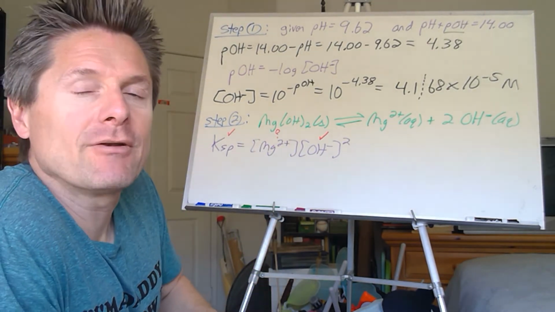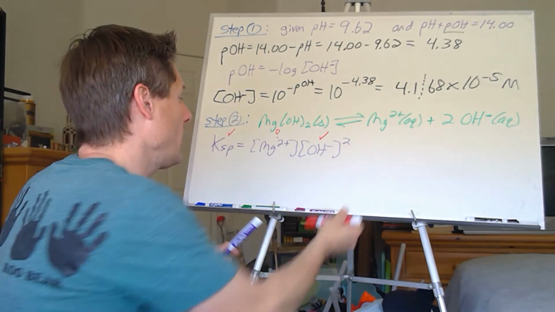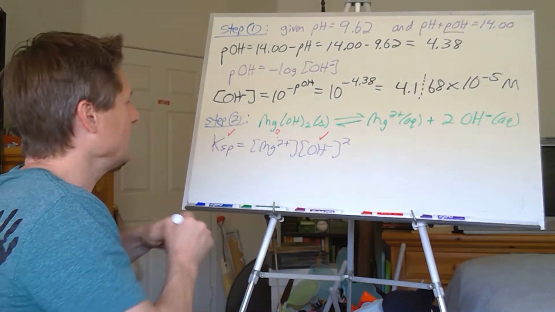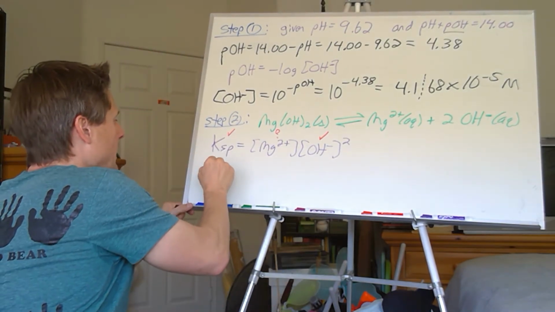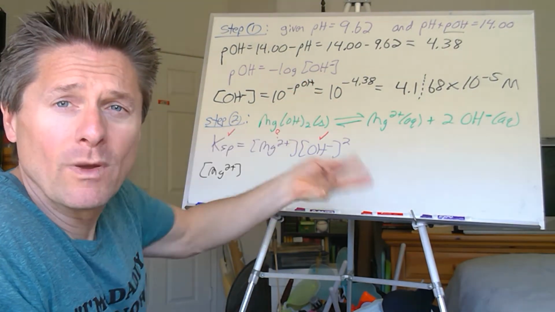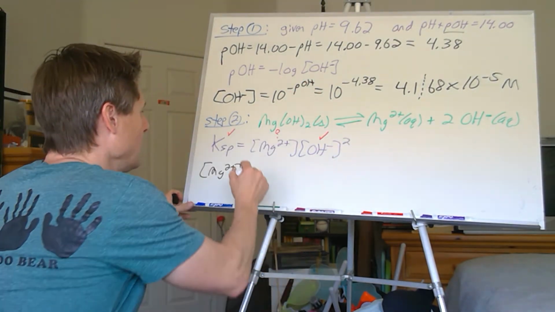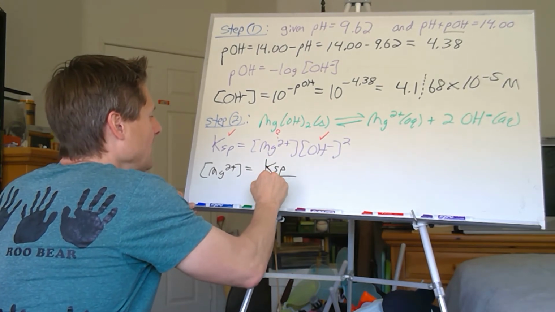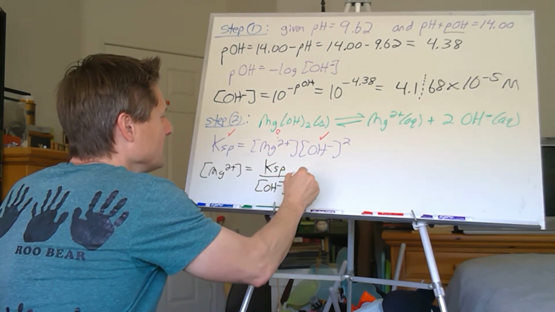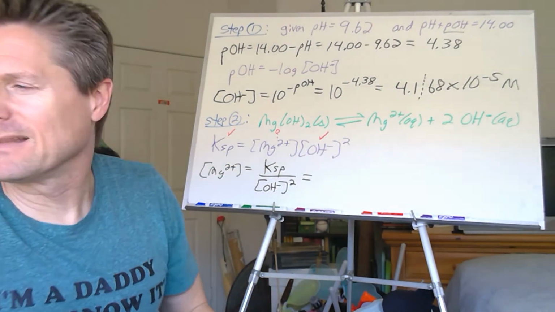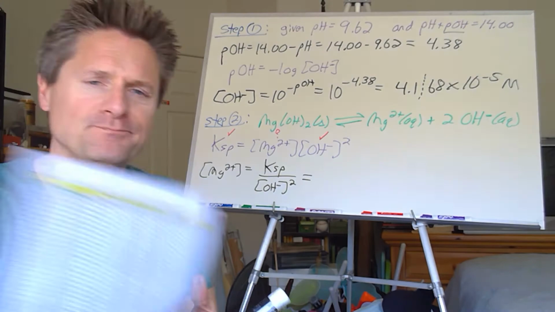Right? That's x in your ICE table, and that will get us to our solubility. So let's do that. Let's isolate the magnesium. So the magnesium ion concentration in that buffered solution with that solid in equilibrium with its ions will be the Ksp value divided by the hydroxide ion concentration squared.